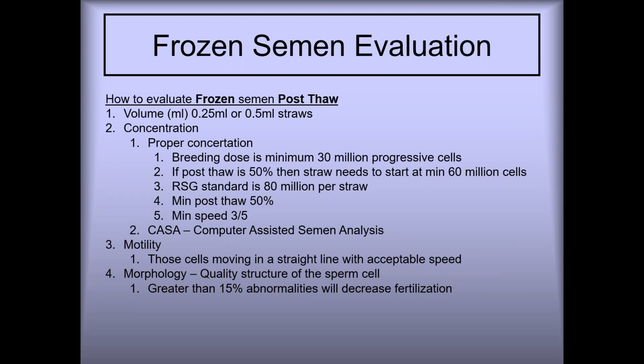If you get under that, it's a general indication that there's probably something wrong with that freeze-thaw process, and we generally see a decrease in conception rate. The more dead cells we have in the ejaculate, it seems like it negatively impacts the uterine environment, so we try to steer clear of those.